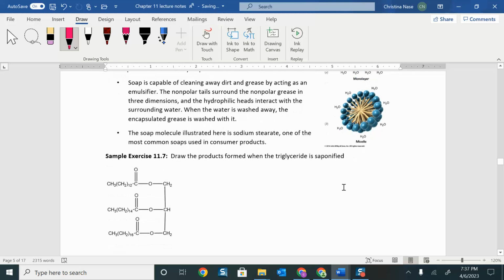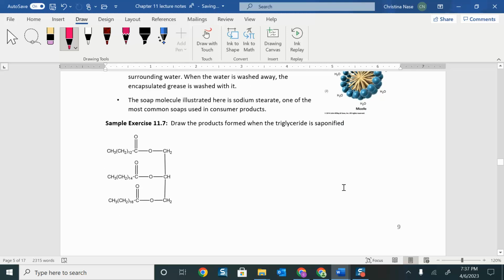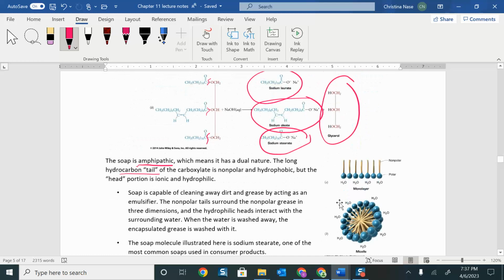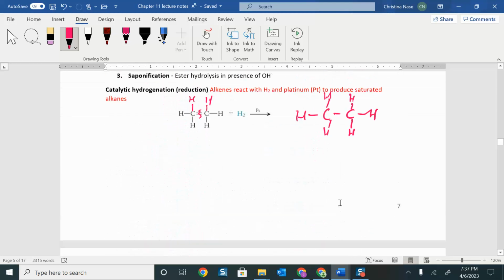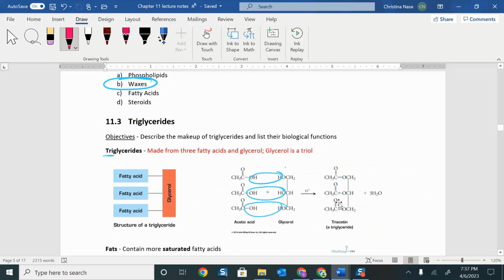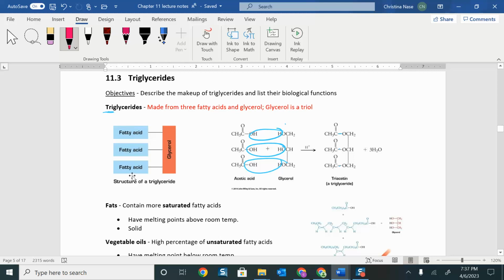Cool. So can we draw the products of a triglyceride? We already did it for just a regular ester. Can we find the products when a triglyceride is saponified? I'm going to tell you what we're going to get back out of this. Remember what a triglyceride has. Let me go back over to our block diagram for a triglyceride. Whoa, way back over here. You have a glycerol and then you have 3 fatty acids.